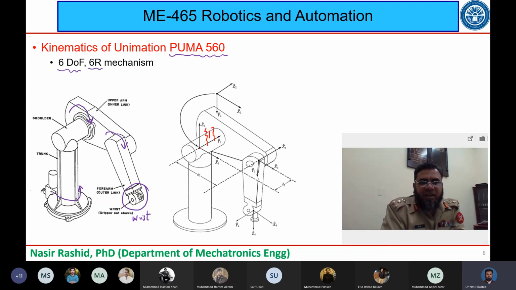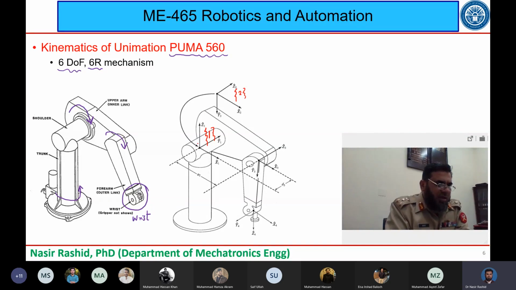Not only have I put frame number 1 and frame number 0 here, but I have brought frame number 2 also onto this place. So now frame 0, frame 1 and frame 2 are coincident.